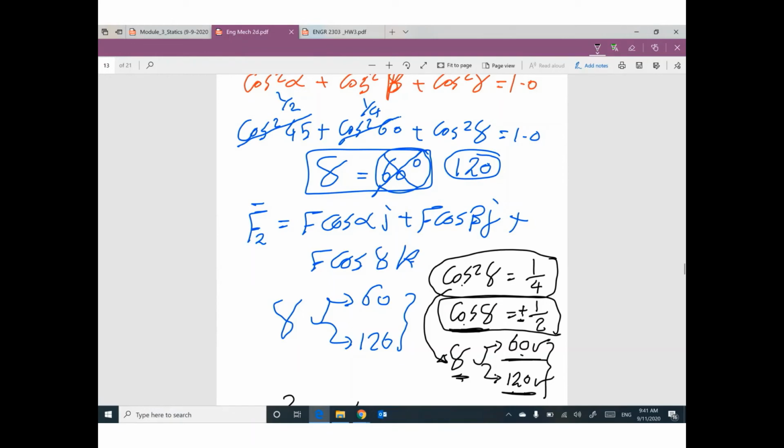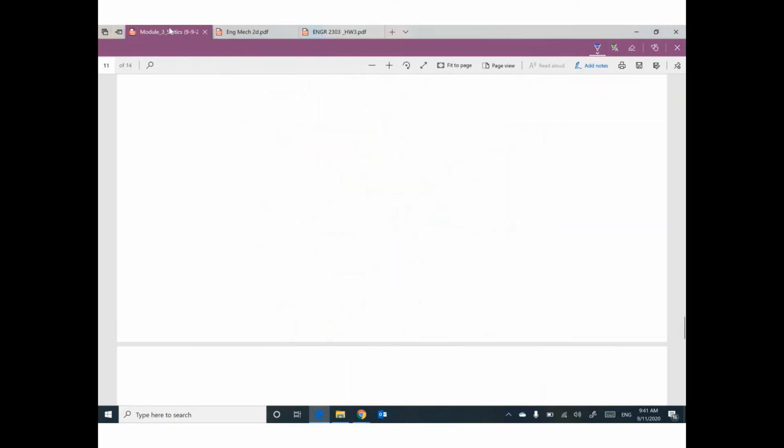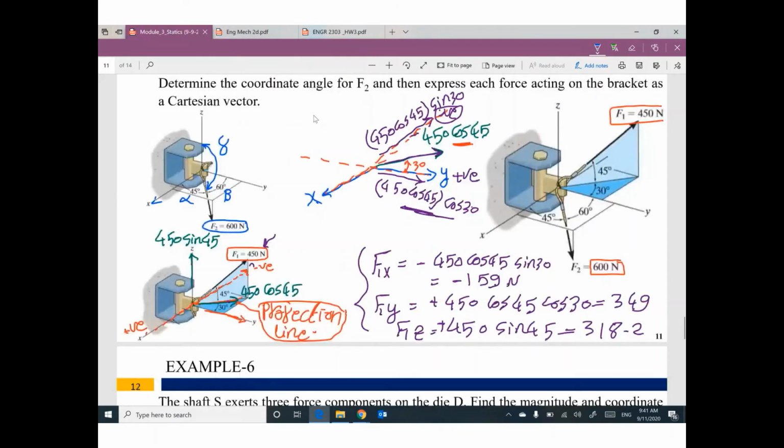Which one you have to think? Do you think the angle between positive z-axis and this force, I think this angle is obtuse angle. So this angle will be 120. It's obtuse angle.